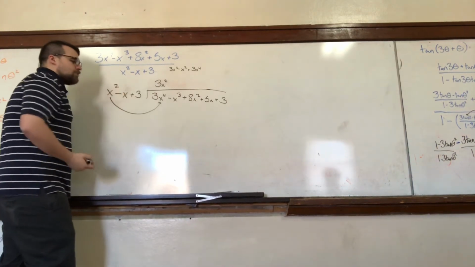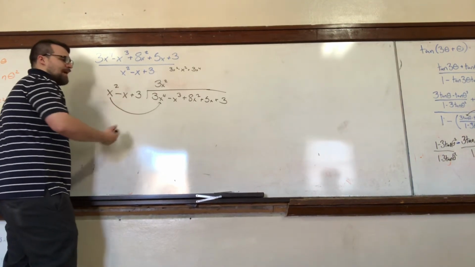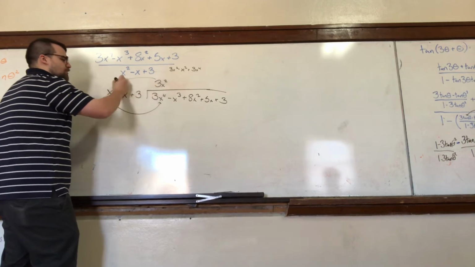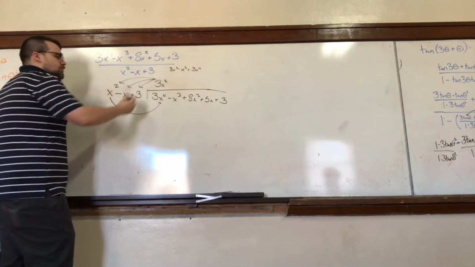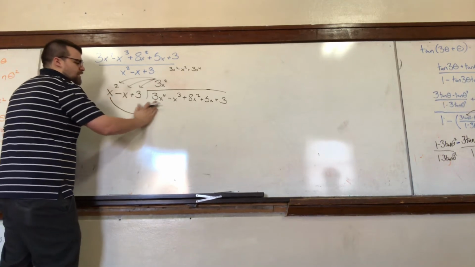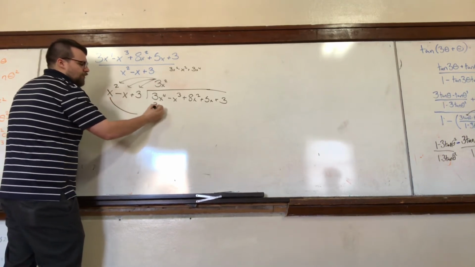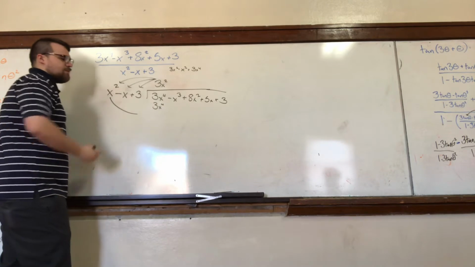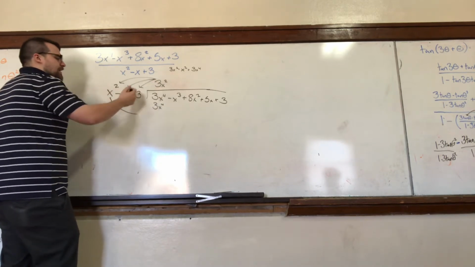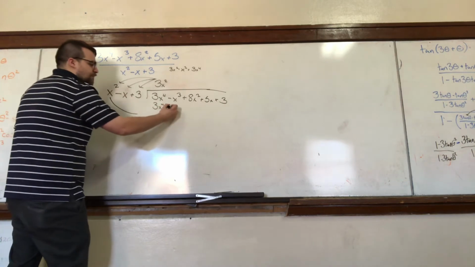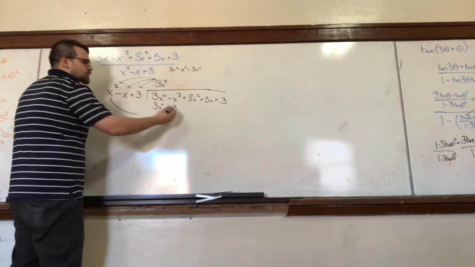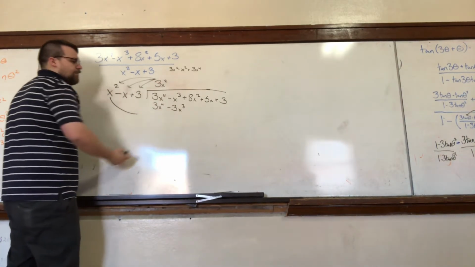So once we determine what would make it match, we actually distribute this into all 3 of these terms. We distribute it into x squared, we get 3x to the fourth, and we start writing it underneath this division bar. 3x squared times negative x is going to be a negative 3x to the third.